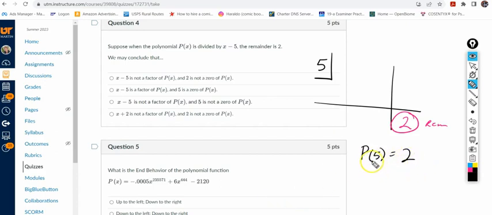If 5 was a 0, then p evaluated at 5 would be equal to 0. Because the definition of a 0 is some number c such that p evaluated at c is equal to 0. This is not equal to 0. It's equal to 2. So 5 is not a 0. If it's not a 0, then x minus 5 is not a factor.